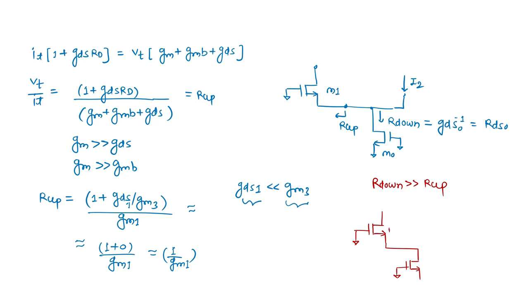This is my M1, this is my M0. So it is completely folding back. Here I applied an actual test current source because I need to calculate the output impedance. Okay, one current component was going up. I'll calculate it.